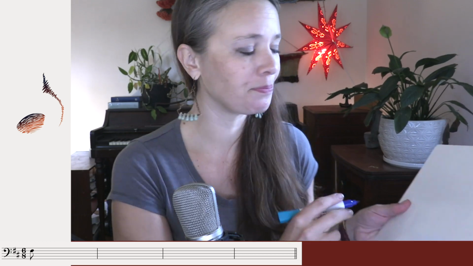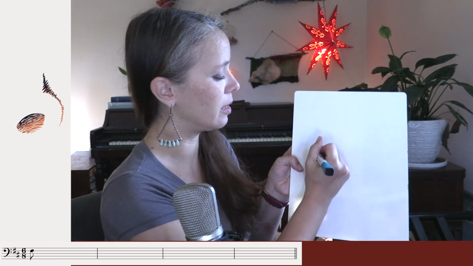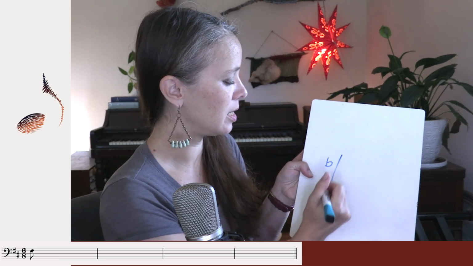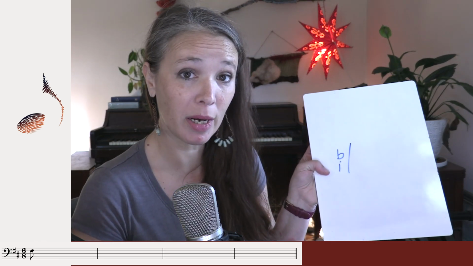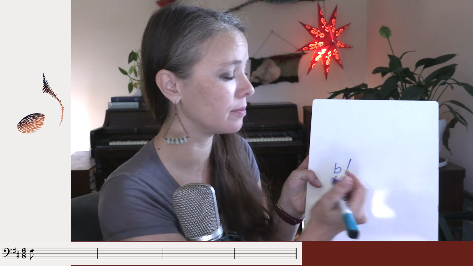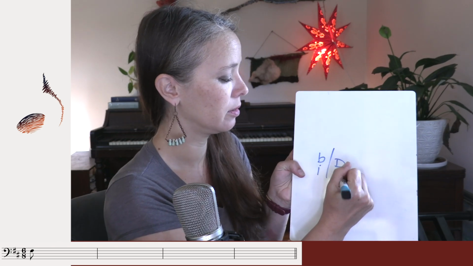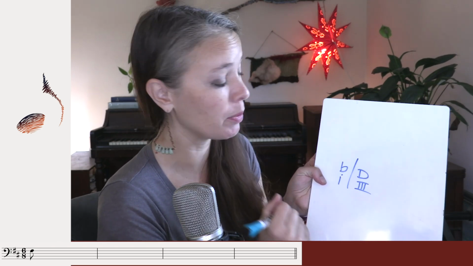First, let's think through our key. In the last video, I talked through this in terms of the scale, but I thought for this video, we'd look at the circle of fifths. So when you think about it, if you are in B minor, so that's our 1, the enharmonic equivalent of B minor is D major, and that is our 3 chord in the key of B minor.